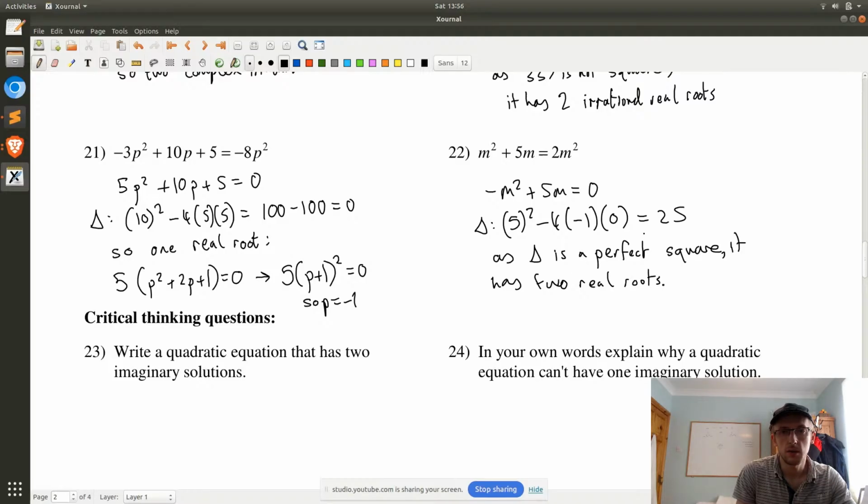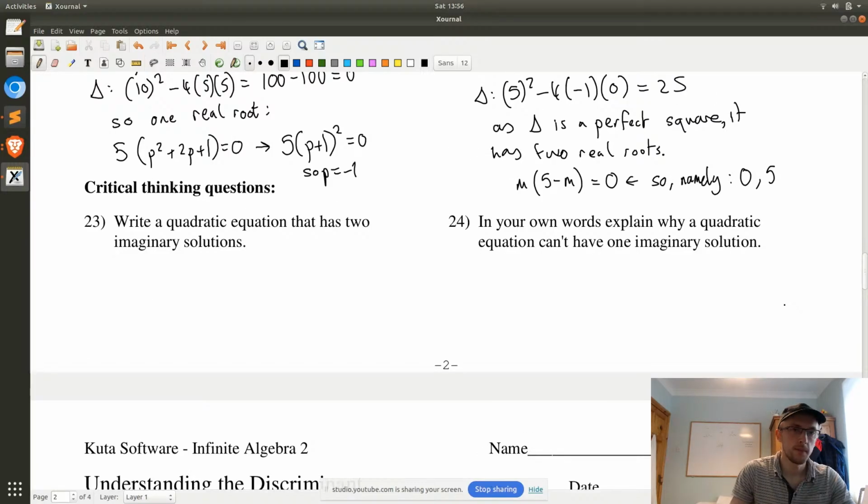It has two real roots, and indeed if I exhibit them to you, you can just factor out m. So, namely 0 and 5.